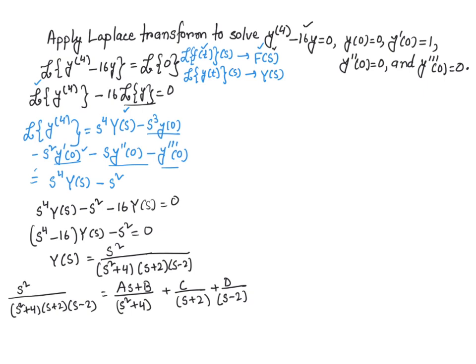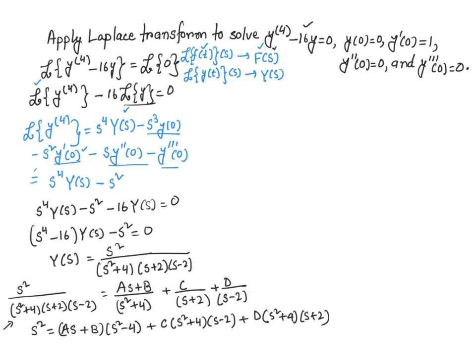Now I can multiply both sides of this equation by s square plus 4 times s plus 2 times s minus 2. If I do that, I get the following: s square on the left hand side, equals as plus b times s square minus 4, plus c times s square plus 4 times s minus 2, plus d times s square plus 4 times s plus 2.